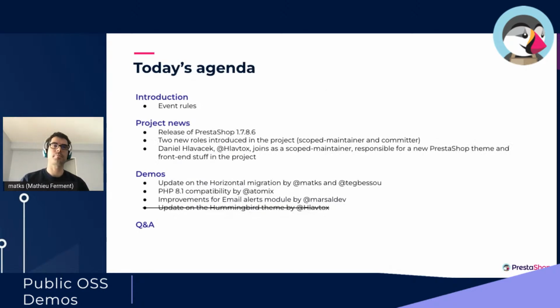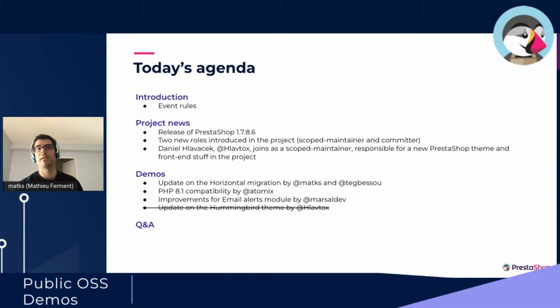and a contributor. So among the demos that I just mentioned, I'm going to, as usual, give a little reminder about the event rules. Then we've got some pretty cool project news, the release of PrestaShop 1.7.8.6. I guess this is no big news for you, everybody saw it. We've got 2 new roles introduced into the project.